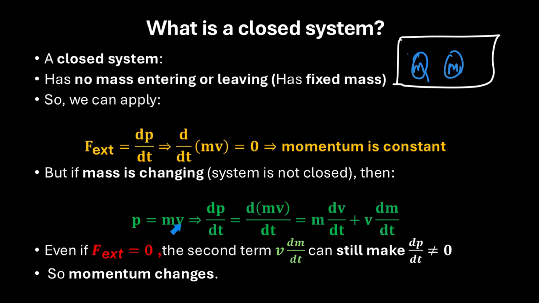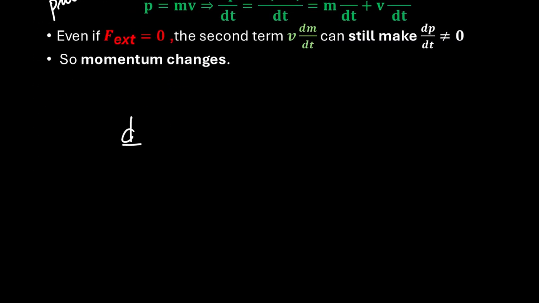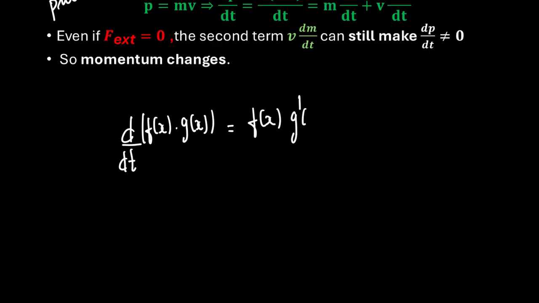Because P is equal to mv, by the product rule of differentiation, what is d by dt of f of x into g of x? It is f of x into g dash x plus g of x into f dash x, right?